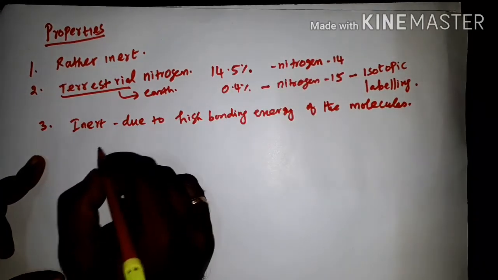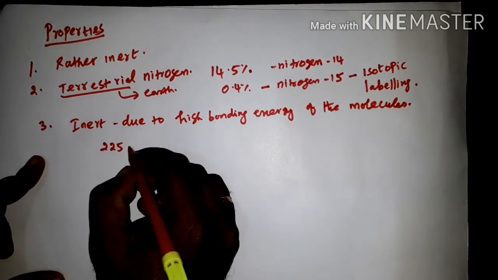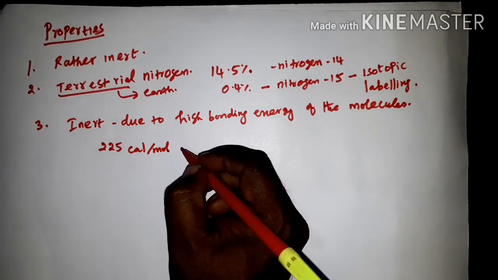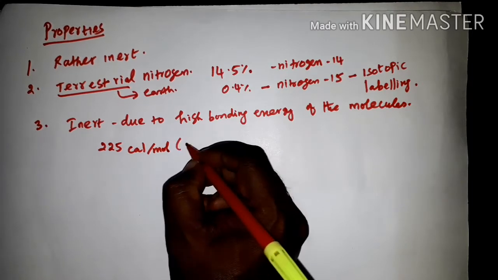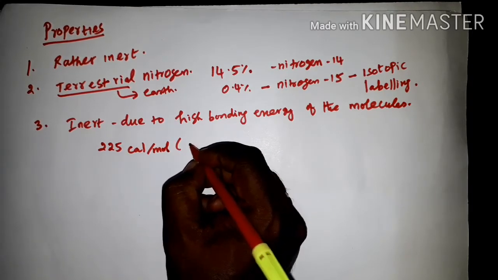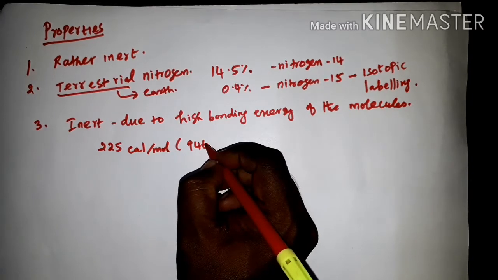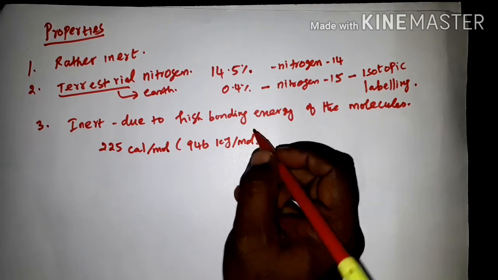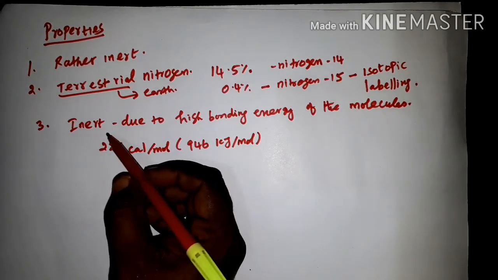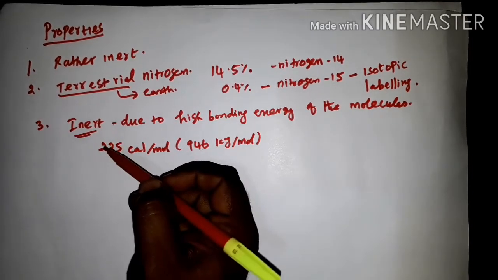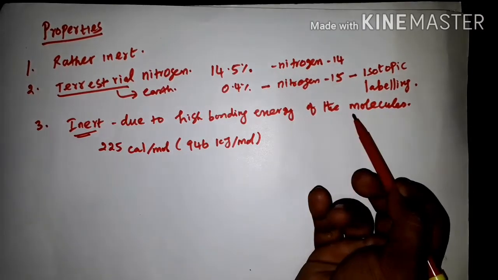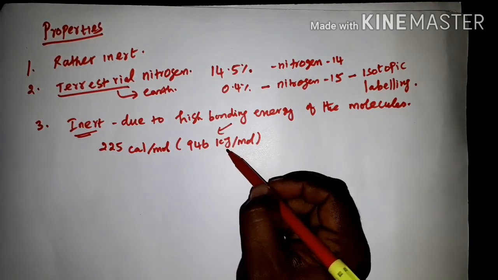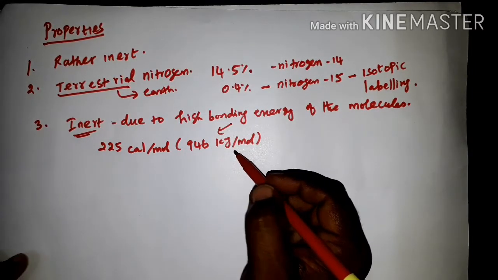The value of the energy is 225 calories per mole, or you can say 946 kilojoule per mole. So this inert character of nitrogen is due to high bonding energy of the molecule. The value of that bonding energy is 946 kilojoules per mole.